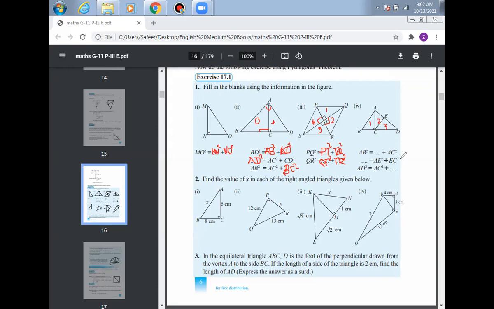It is not given as the right angle. Right? Then AB squared. AB is taken from this. AB squared equal AC squared plus BC. Then BC is remaining. So here you have to write BC squared. So for this point, you have to write BC squared.